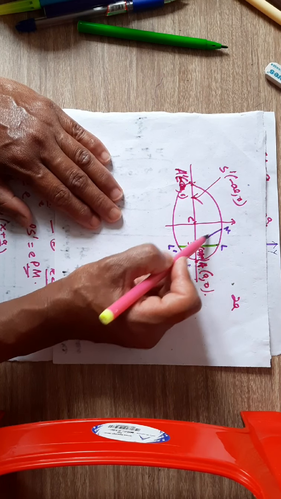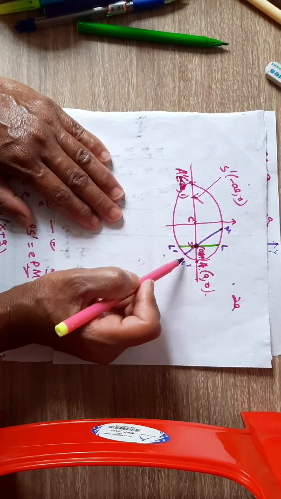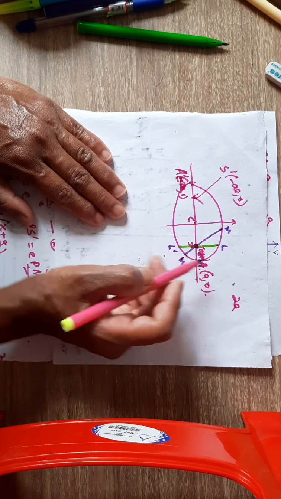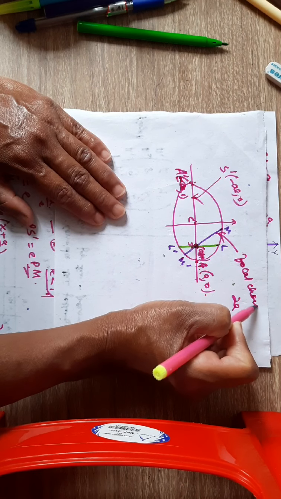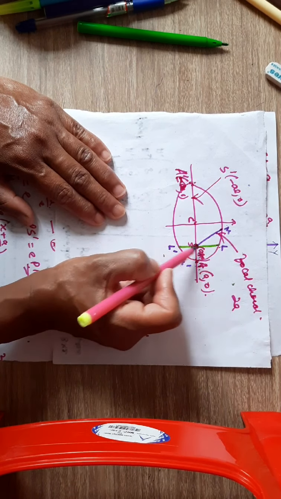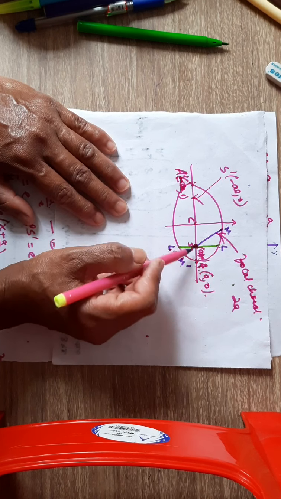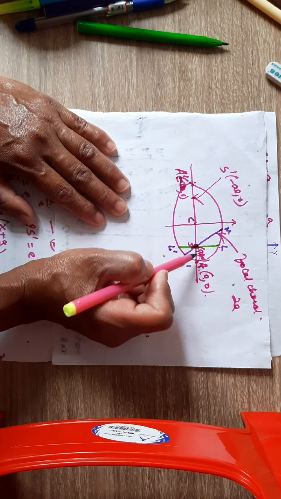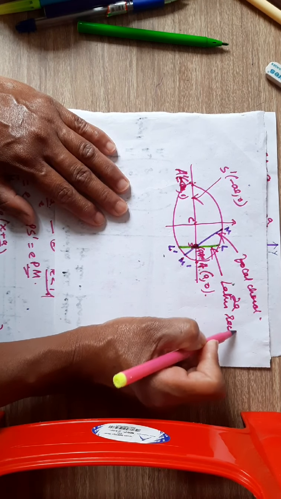Now any line, or a chord, which passes through the focus, like this MM prime, which is a chord passing through the focus, will be called the focal chord. And LL prime is also a chord which passes through the focus, but at the same time it is perpendicular to the major axis. So this one will be called the latus rectum.